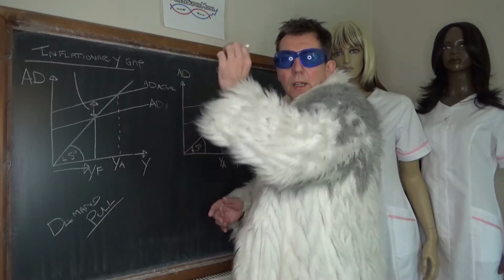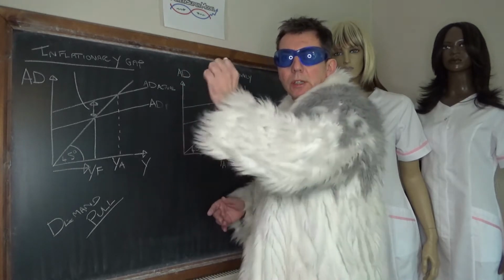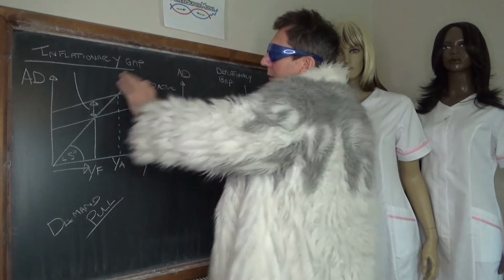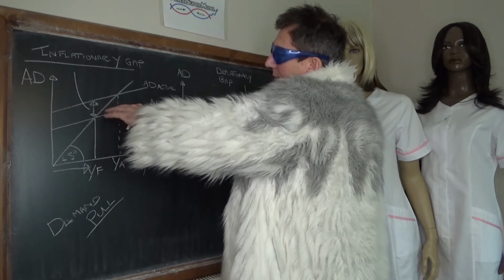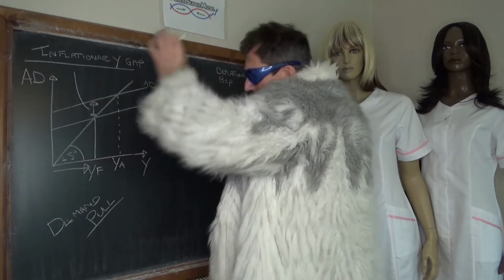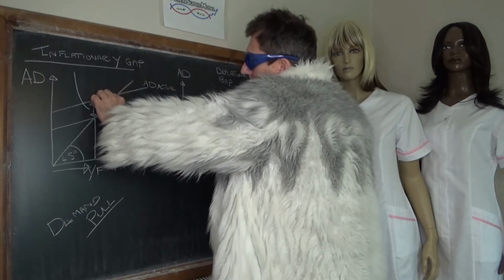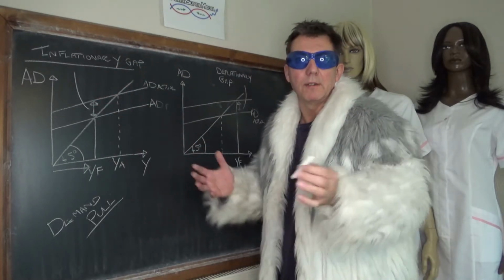So 1 over the marginal rate of leakage needs to be bigger, and then over various rounds of expenditure the economy will come back down to full employment in theory.